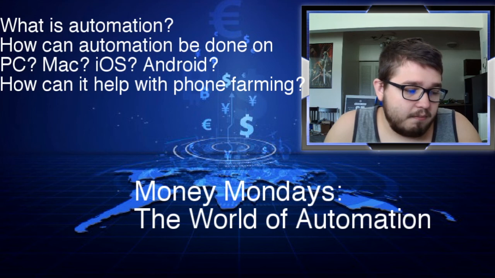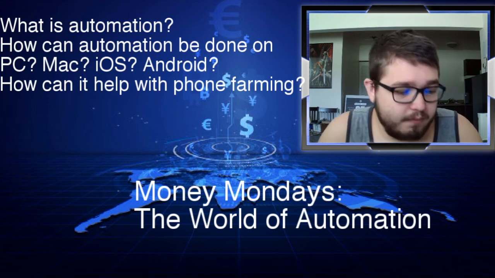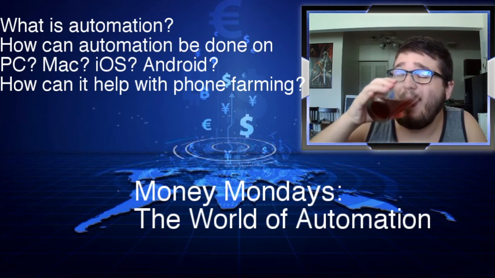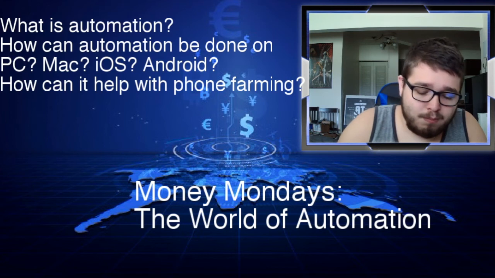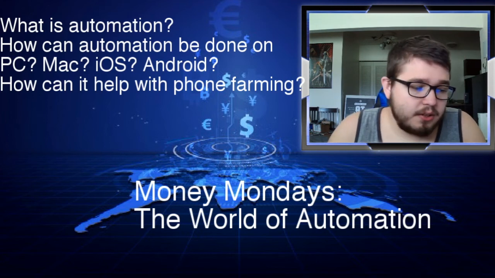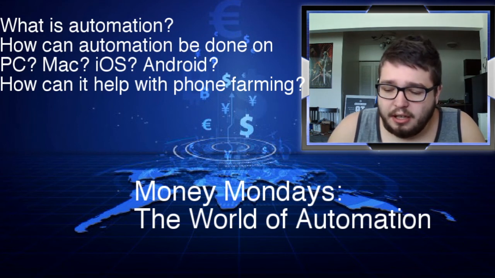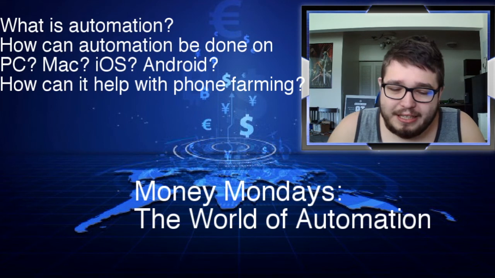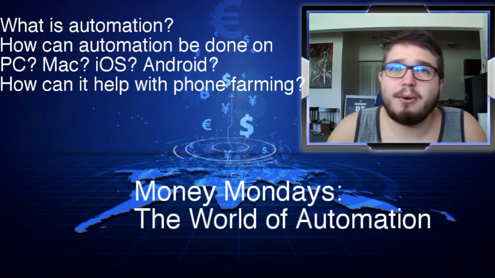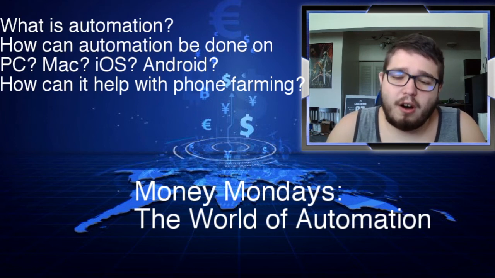Alright. Well, we touched kind of on the topic for iOS. How can automation be done on Android? Automation can be done on Android a little bit more easily than iOS. On iOS, you have to be jailbroken, which sometimes comes with the iOS jailbreak or hardware jailbreak.